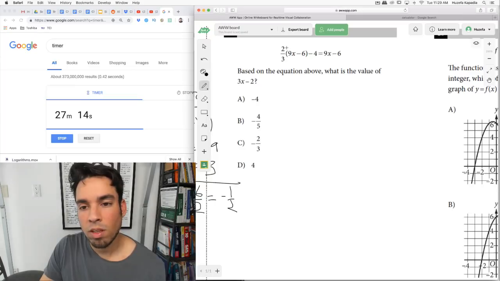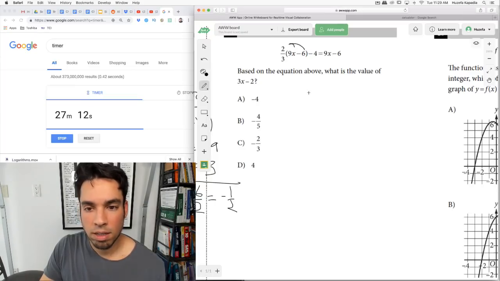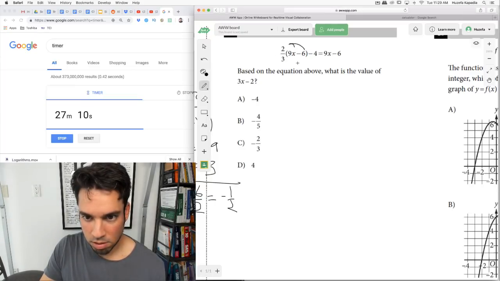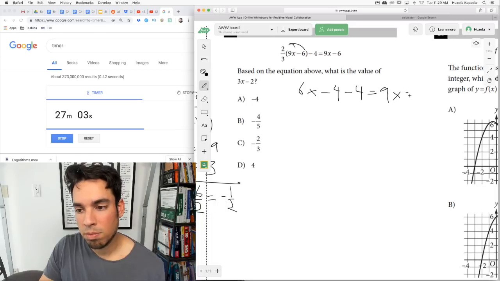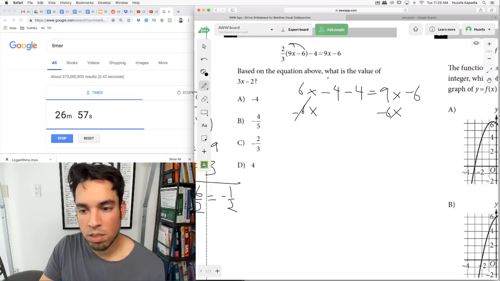Okay. Distribute the 2/3, and it's 6x minus 4 equals 9x minus 6. Okay, I'm going to subtract 6x from both sides, keep the x positive. Negative 4 becomes negative 8?